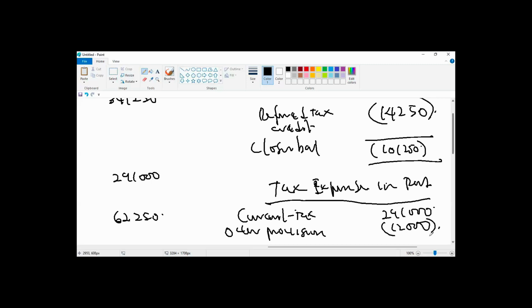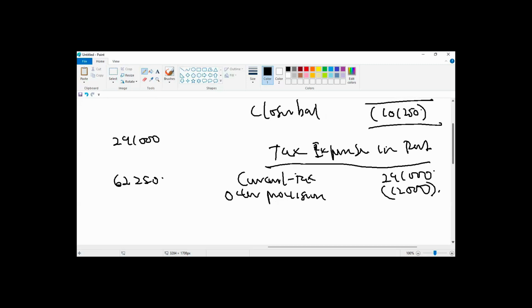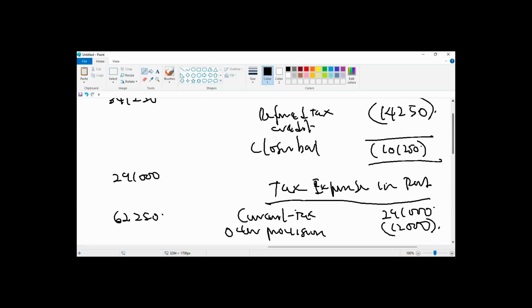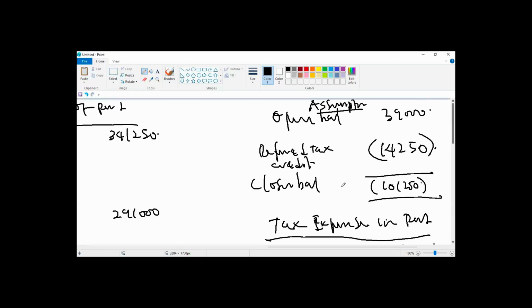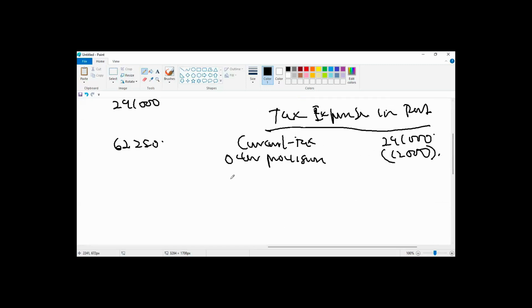Deferred tax credit 140,250. This is what I will not pay.